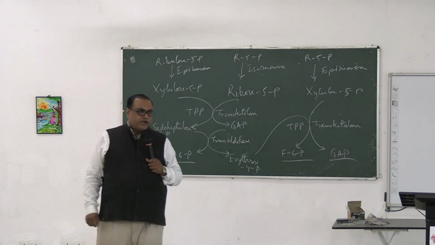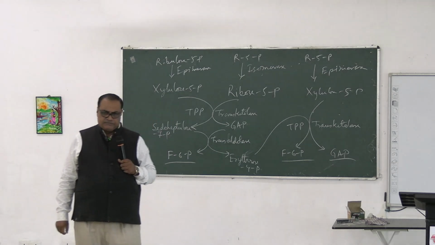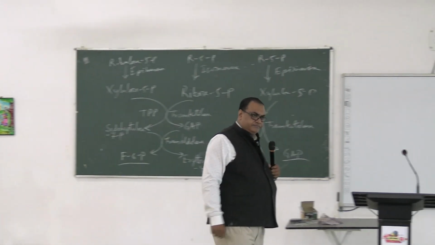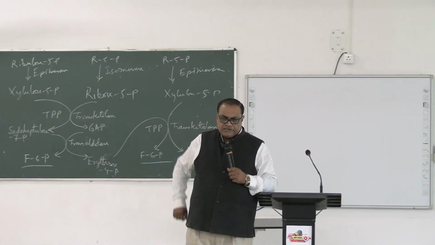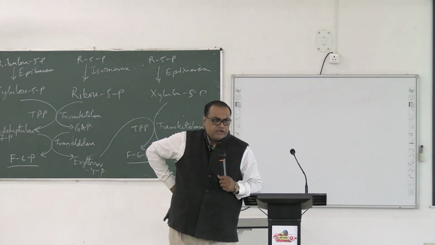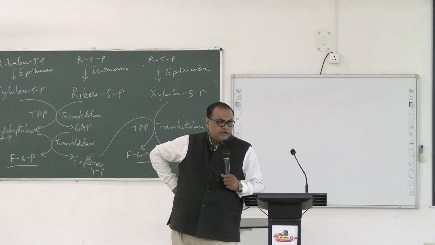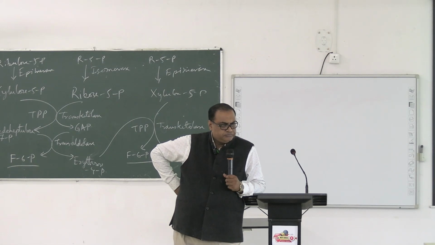There are conditions where glucose 6-phosphate dehydrogenase, G6PDH, deficiency is seen. A patient with G6PDH deficiency will succumb to death if they consume any compound, drug, or food material which utilizes NADPH more.